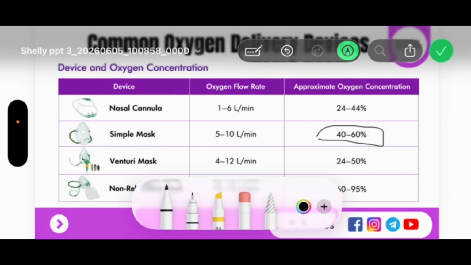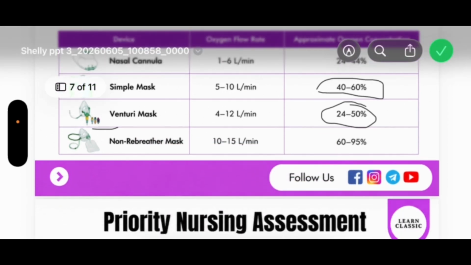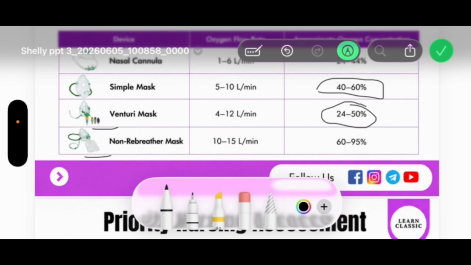The Venturi mask, as I have already discussed, has different colors. You can see the colors here, and it delivers 4 to 12 liters per minute and its concentration is 24 to 50%. And the NRBM, the non-rebreather mask, has a reservoir in it and a concentration of 60 to 95%.